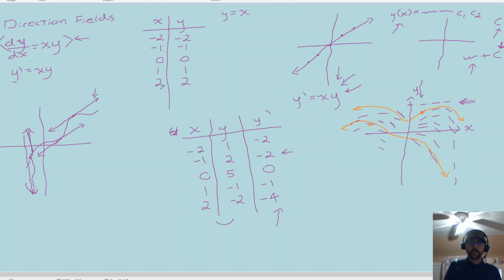Now, back to where I was a little while ago, with this differential equation dy over dx equals x times y.